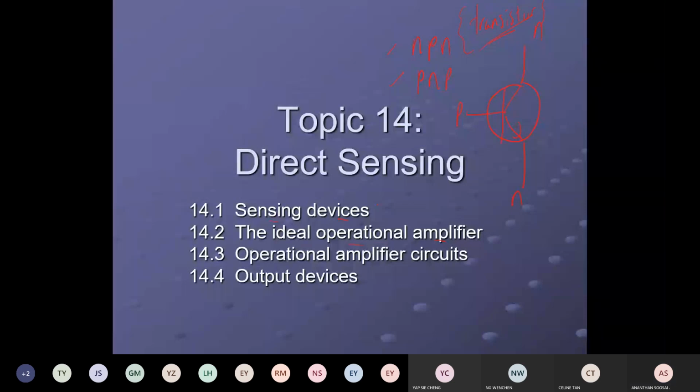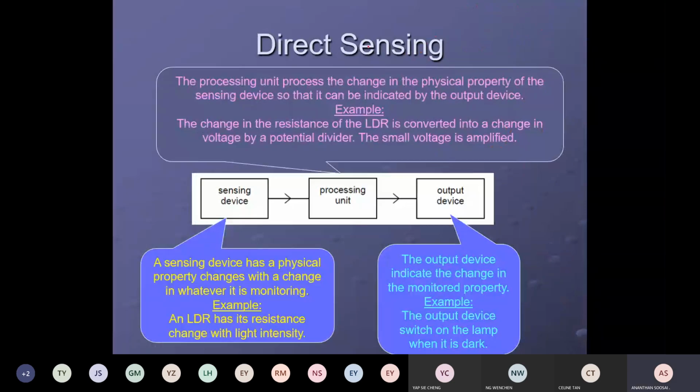Electronics can be divided into 3 departments. The first department is the sensing device, sensing the environment. Could be pressure, could be temperature, and so on. Sensing devices like the thermistor and LDR are used to sense it.